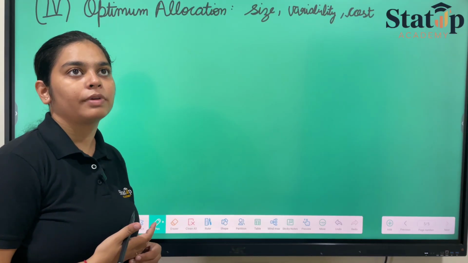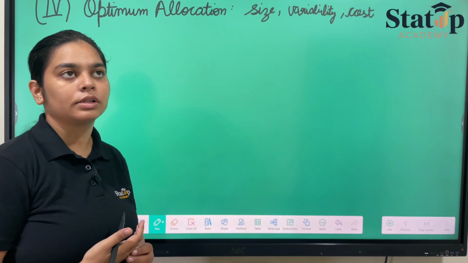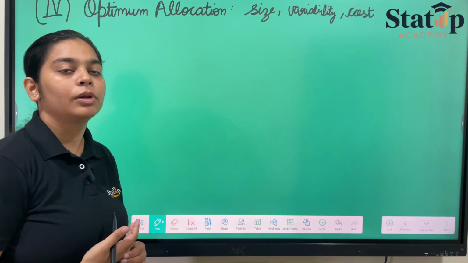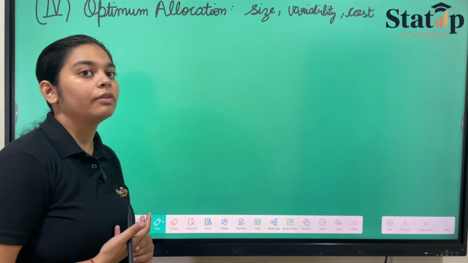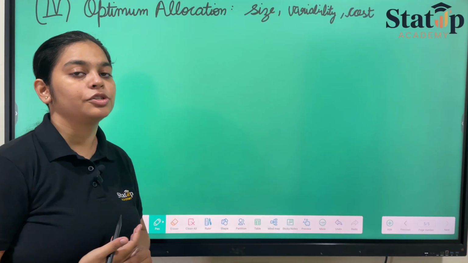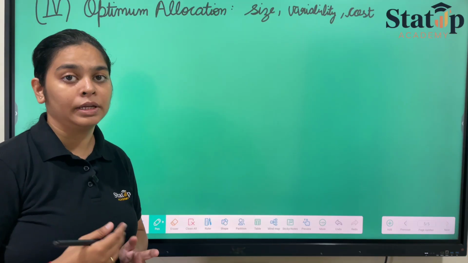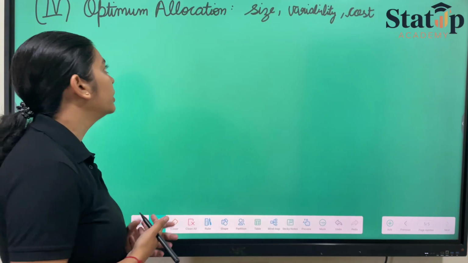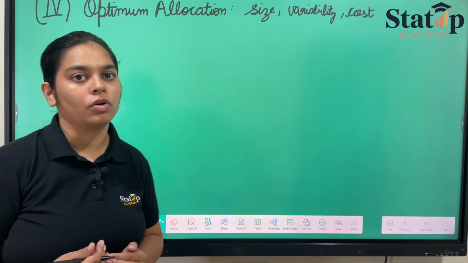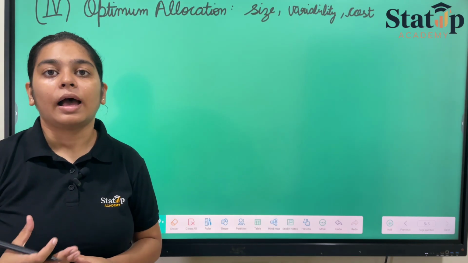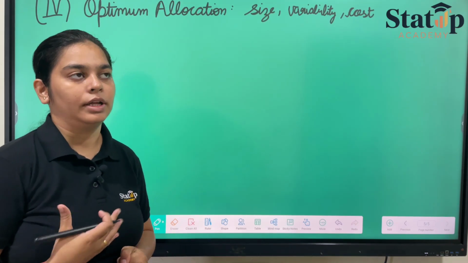Suppose we have to take a sample of a state of people who are educated, so that will be a very large population, and the cost also will be increasing. So in order to minimize cost, we'll take a small sample and solve it after that.